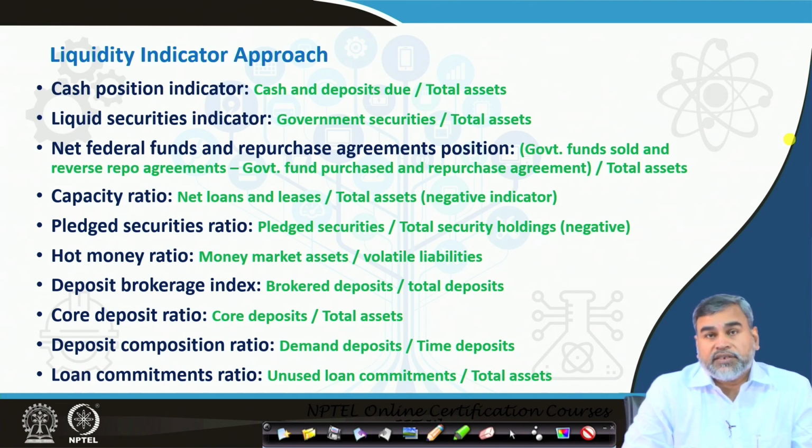So, whenever we make any kind of forecasting, we have to take utmost precaution about how many loan commitments the commercial banks have made, and whether the loan commitments are going to be fulfilled or not. If those commitments are more, then maybe the future liquidity position of the commercial banks will be less. So, these are the liquidity indicator approach also commercial banks can look at, whether the liquidity position is good enough to cater to the demand for liquidity of the different customers.